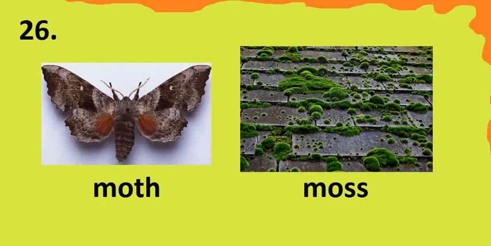Here we have moth and moss. So this shows the importance of getting the TH sounds right at the end of the word. Moth is almost like a butterfly that comes out at night. Moss is the small lumpy green plant that grows on roofs and wet areas. Moth, moss.